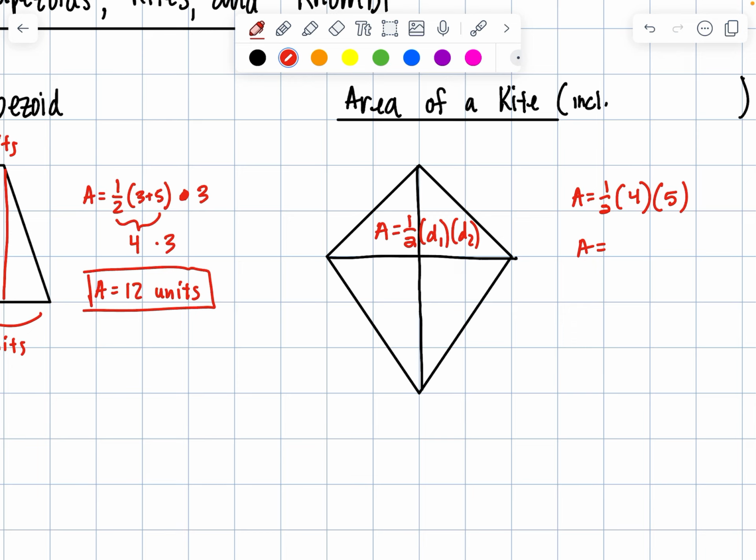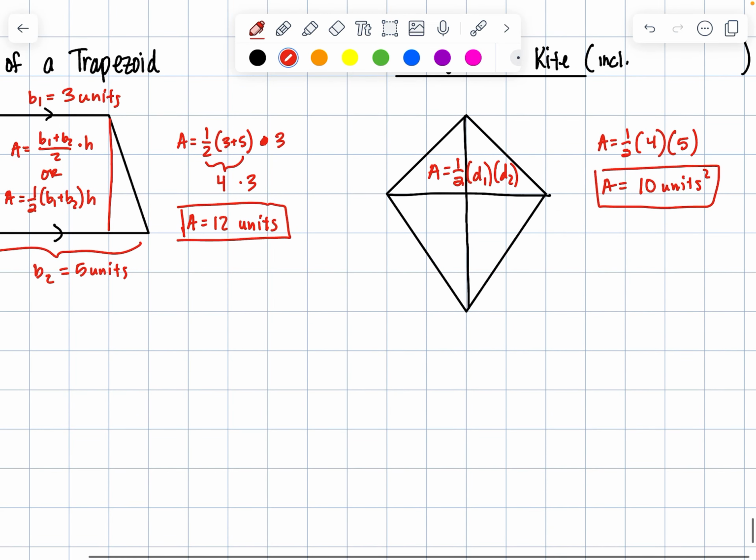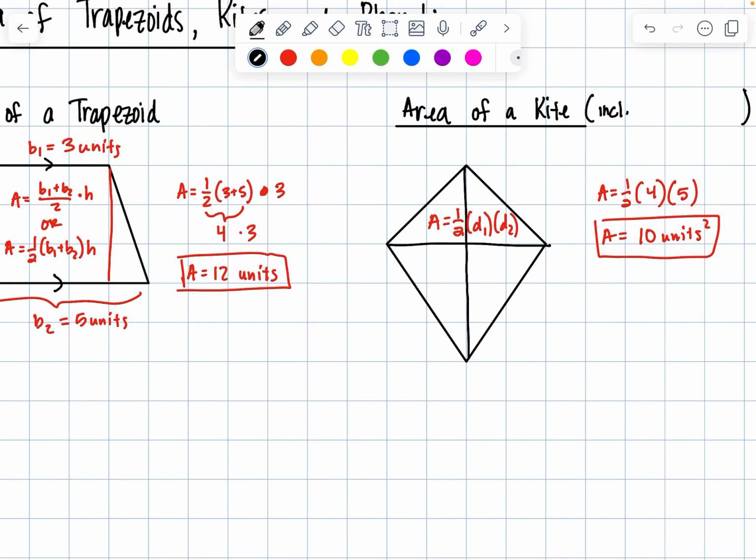And we could say area is then equal to 10 units squared. And this applies to both rhombi and squares as well, because they are technically kites.